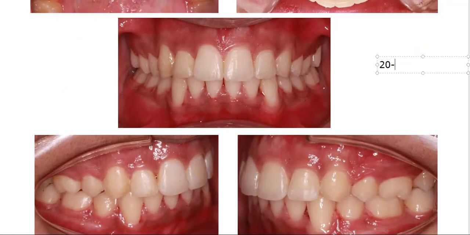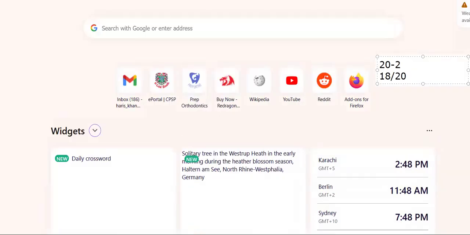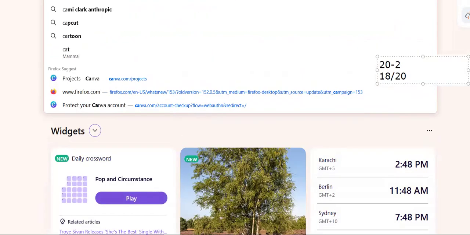So the formula would be 20 minus 2, that will become 18. And 18 divided by 20. So we can do a calculation. Let me do a calculation, calculator.